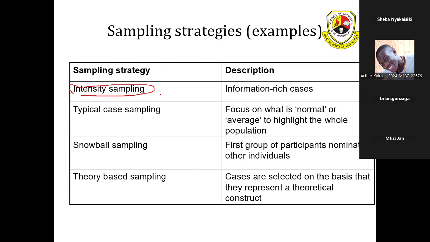I'm looking at photographs, I'm looking at interviews, and so on, and I'm going to look at every single area. Another person says, I'm going to use typical case sampling. So in this case, the focus will be the average population. I'm going to do interviews, maybe do focus group discussions, and just leave it at that.